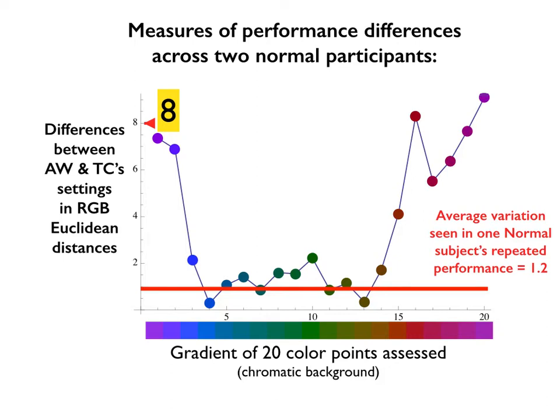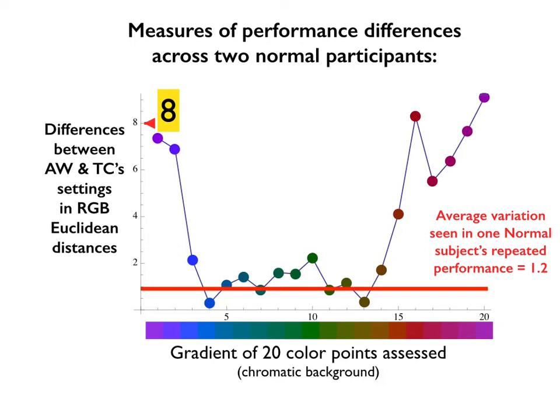The details of how this is computed is not important. What is important to note is that there are significant differences among these 2 normal participants that tell us that there are regions of the color space where the subjects are not setting the same isoluminant points in the task.